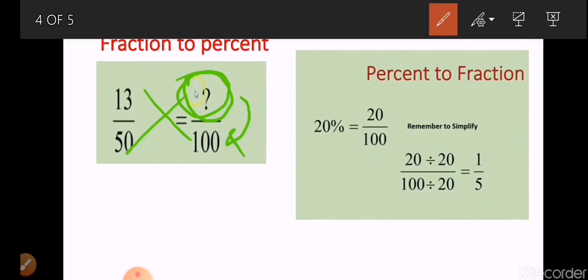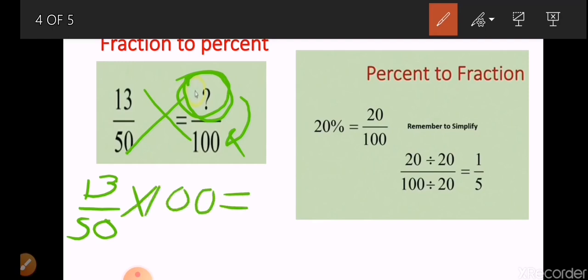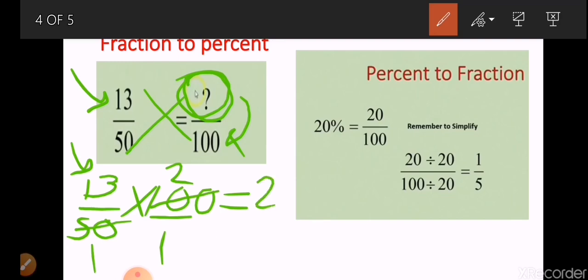Any form I want to find the percent from, I should multiply by 100. So for 13 over 50, once I tell you to make it a percent, you can multiply by 100. So you can use the proportions or you can multiply by 100. Put a denominator 1, then simplify, divide by 50, divide by 50, then multiply, it will give you 26.